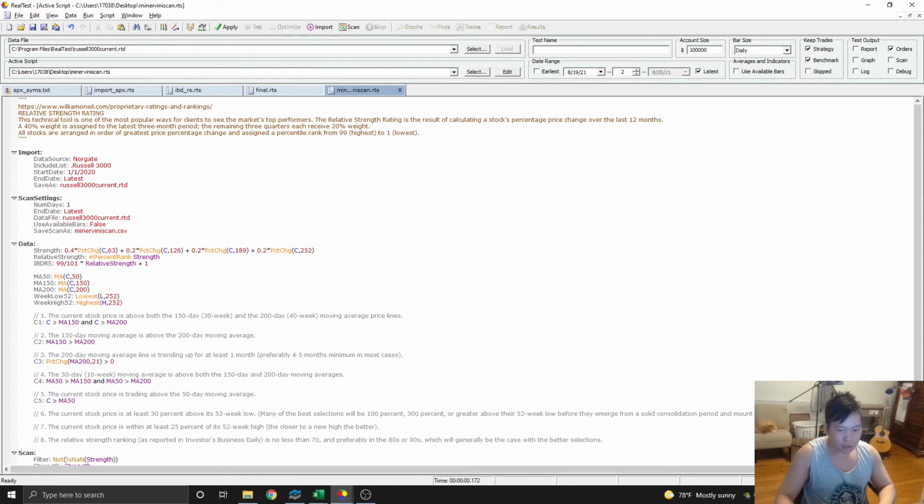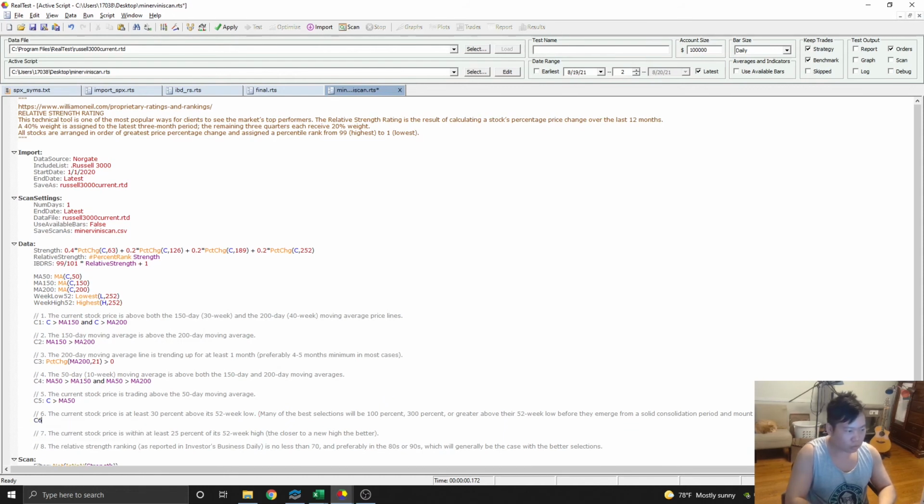Okay, so 30% above its 52-week low. So we're going to add 30% to that, and our close should be at least, it says at least, so I'm going to use greater than or equal to.